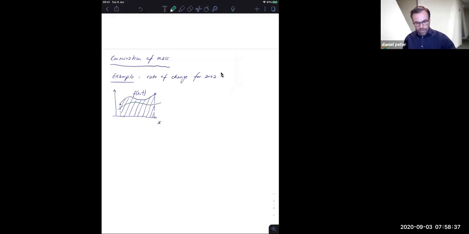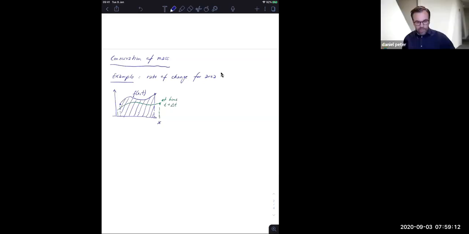After some time, this function looks maybe like that, and so the boundaries changed a bit, and so does the area below that curve. That would be at time t plus delta t, a little time increment, of the function f of x. Is that clear so far? Good.